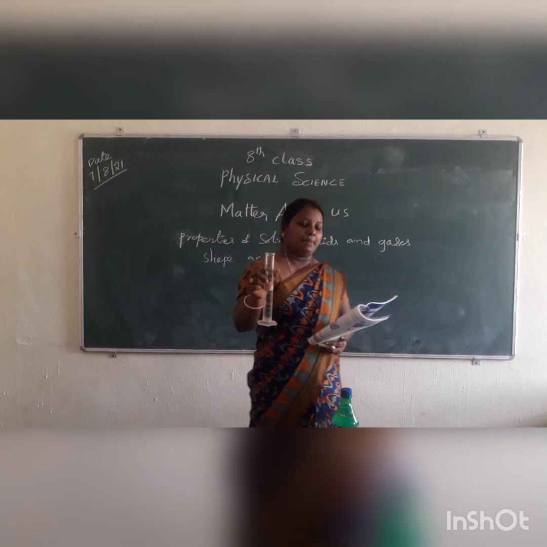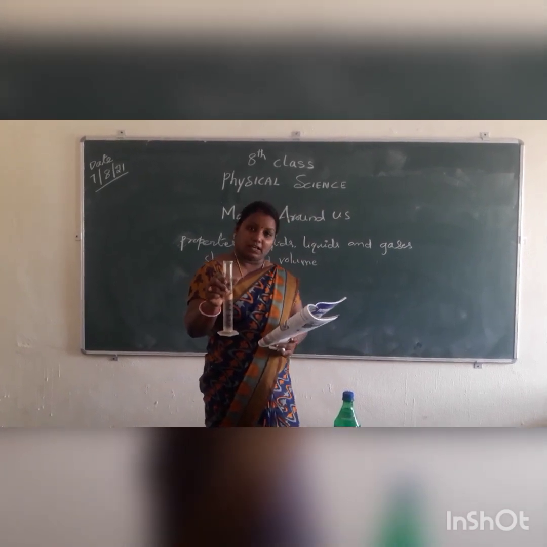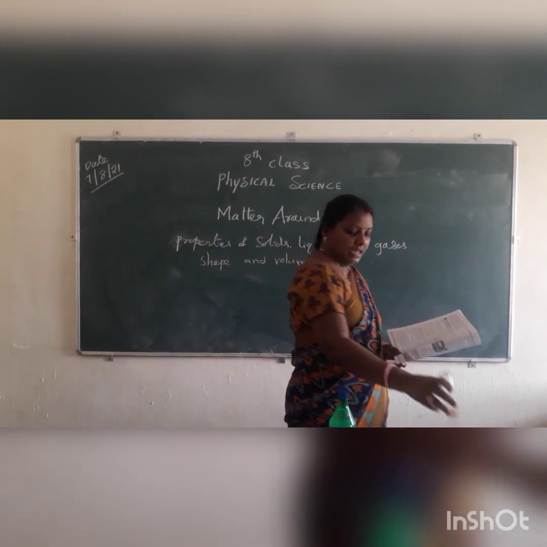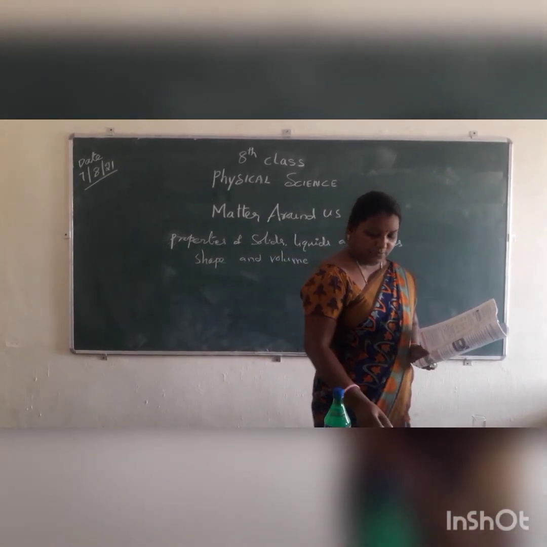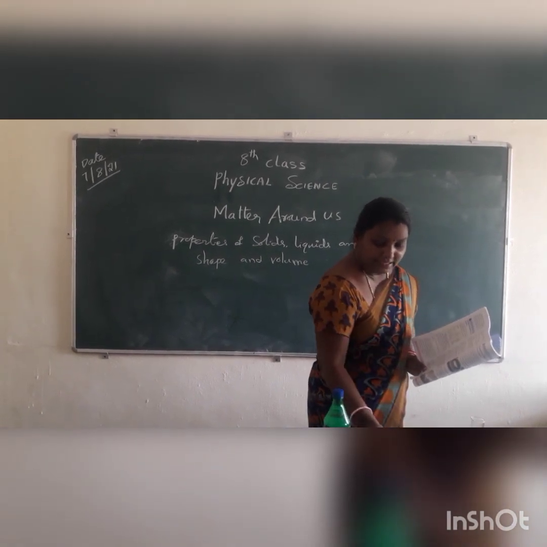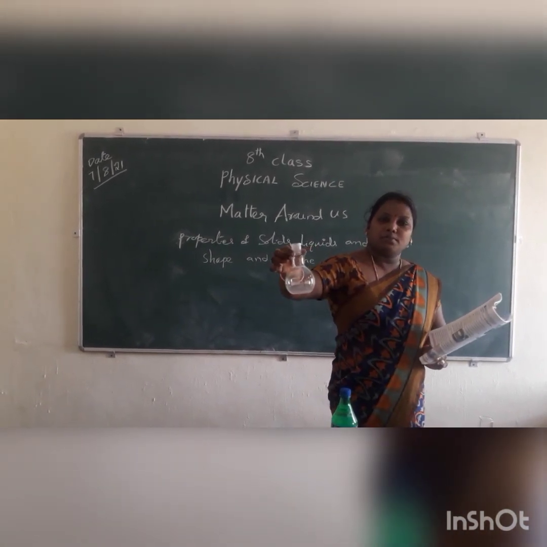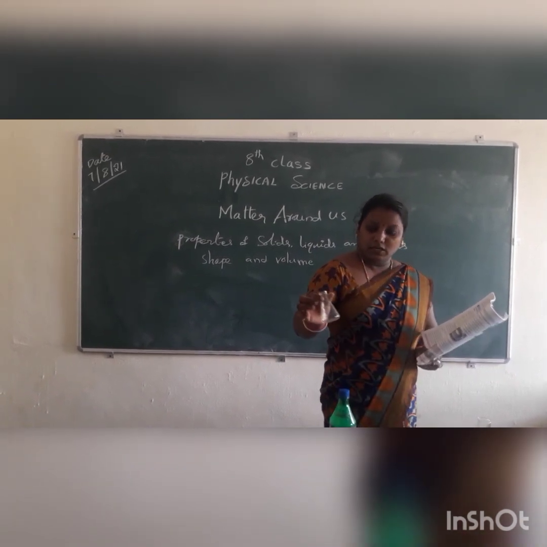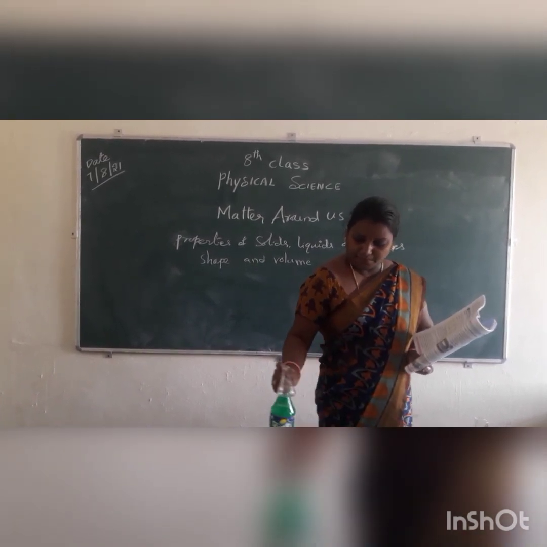It is a measuring jar or cylinder, and containers of different shapes. I take different shapes of containers. It is a round bottom glass and it is a conical glass.